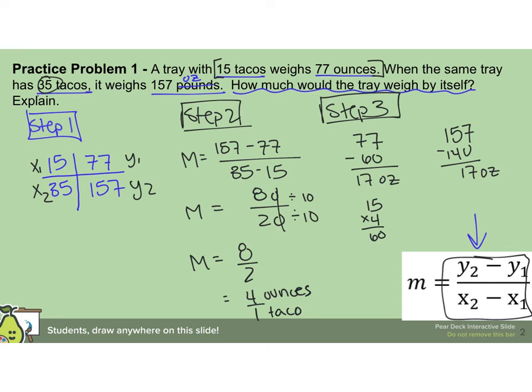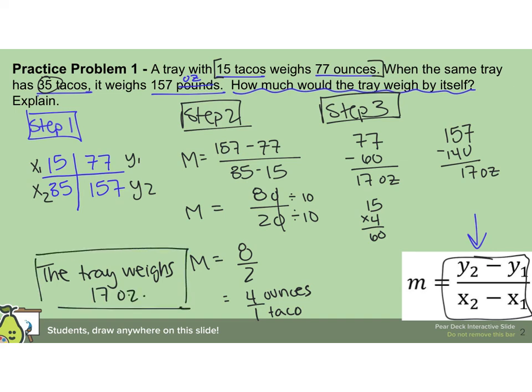You're just going to take the total weight, and you're going to subtract the weight of the tacos on the tray at the time. So to answer the question, the tray weighs 17 ounces. That is the question, so that's what I'm going to put in the box.